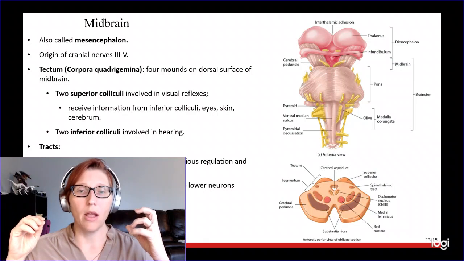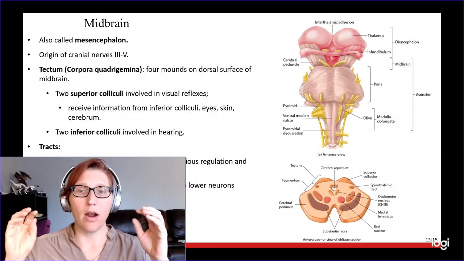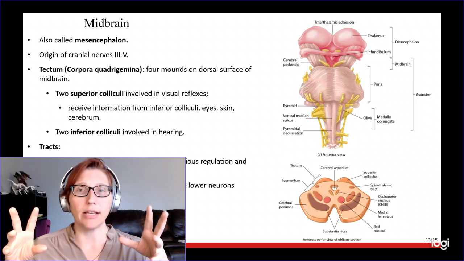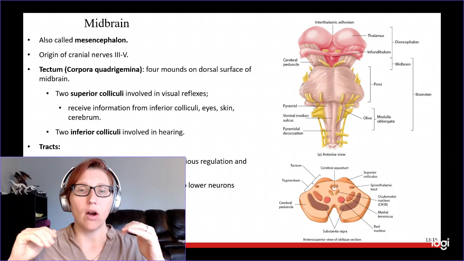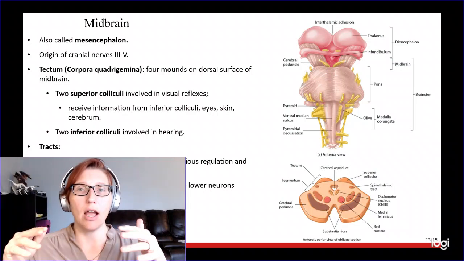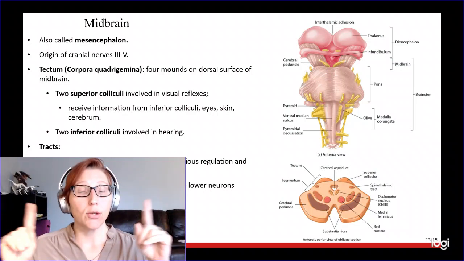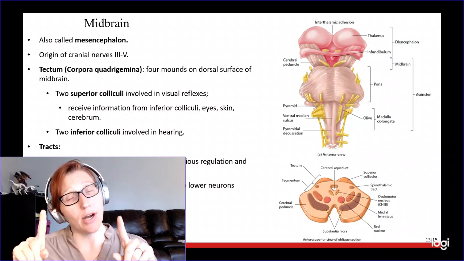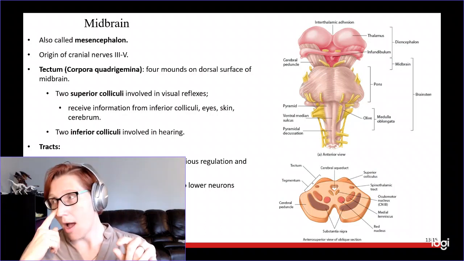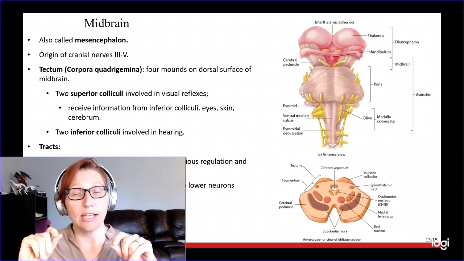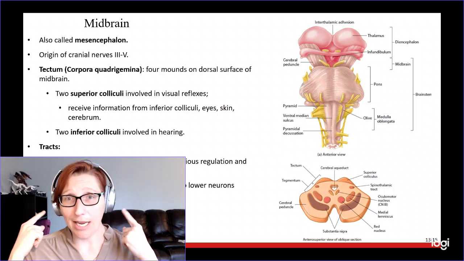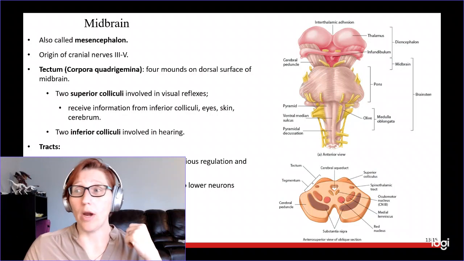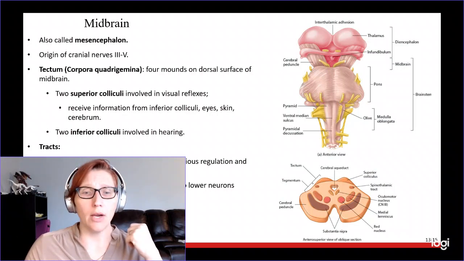Just know that the superior colliculi are involved in visual reflexes and know where the information comes from, and that there are inferior colliculi that are involved in hearing. So that should give you another idea as to placement of where those are, because a lot of the processing that your brain needs to do for hearing is pretty close to where you're actually hearing things.